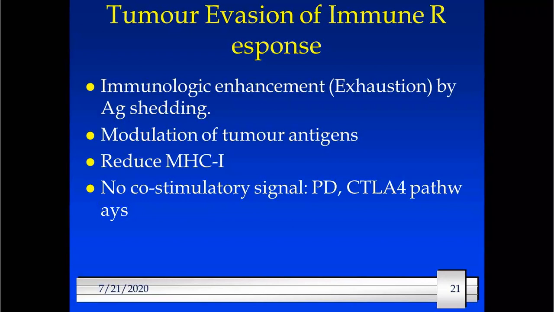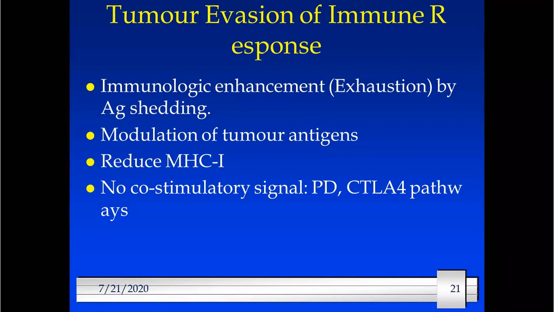As you know, MHC class 1 is an important means of killing of the tumor, both by natural killer cells and cytotoxic T lymphocytes. So when the tumor underexpresses its MHC class 1, it will evade the killing by the cytotoxic T lymphocyte.